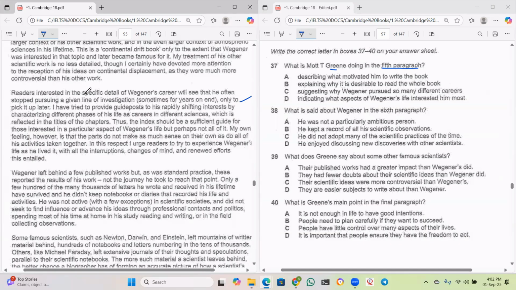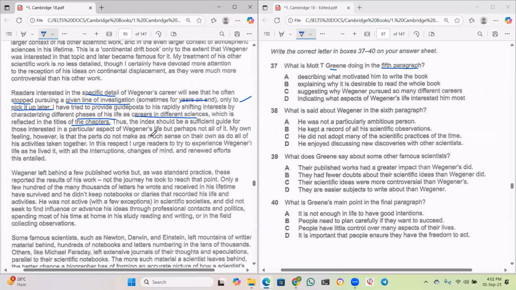Readers interested in specific detail of Wagner's career will see that he often stopped pursuing a given line of investigation, sometimes for years on end, only to pick it up later. I have tried to provide guidepost to his rapidly shifting interest by characterizing different phases of his life as careers in different sciences, which is reflected in the titles of chapters.